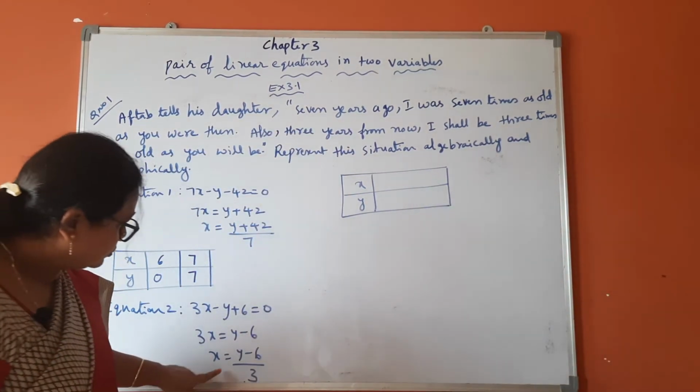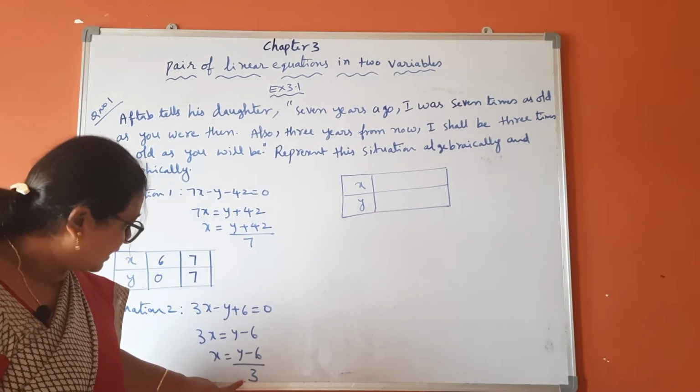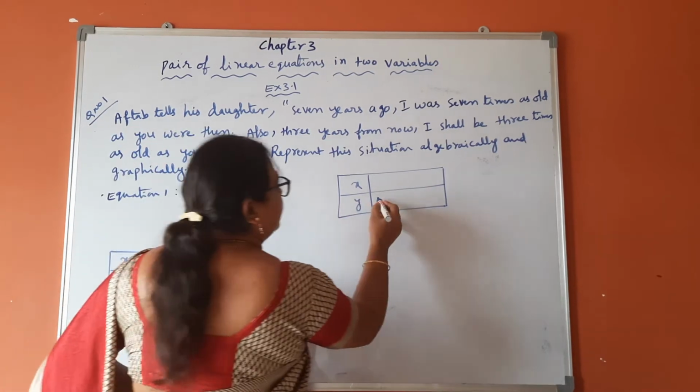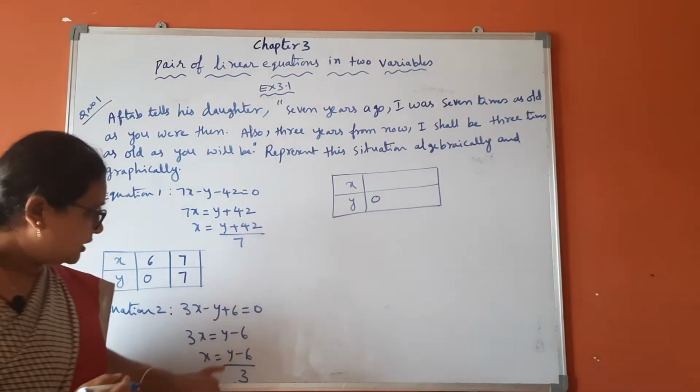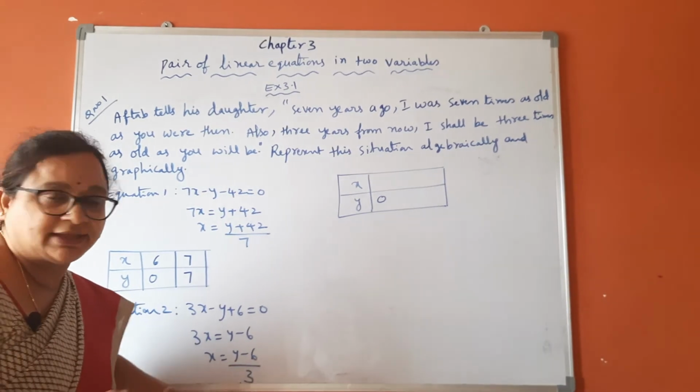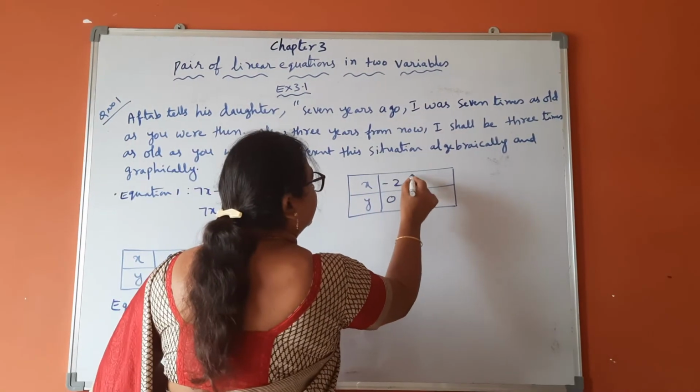If I take y as 0, 0 minus 6 by 3, that is minus 6 by 3, x will be minus 2.